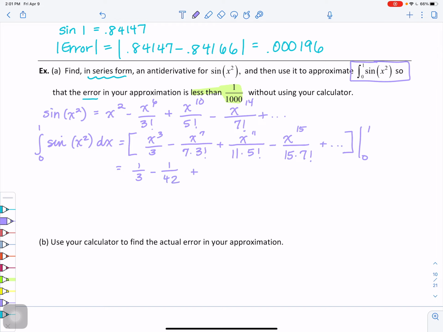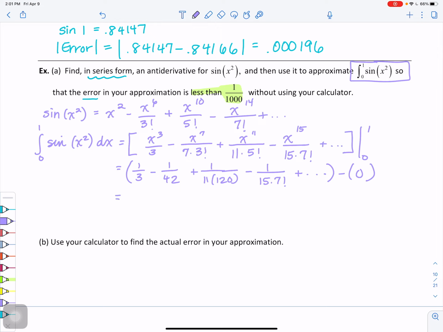Plus, and we have 1 over 11 times 120 minus 1 over 15 times 7 factorial. I won't do any of that now. Now, if we would plug in 0 here, we would have 0, okay? So we could just leave it like that.